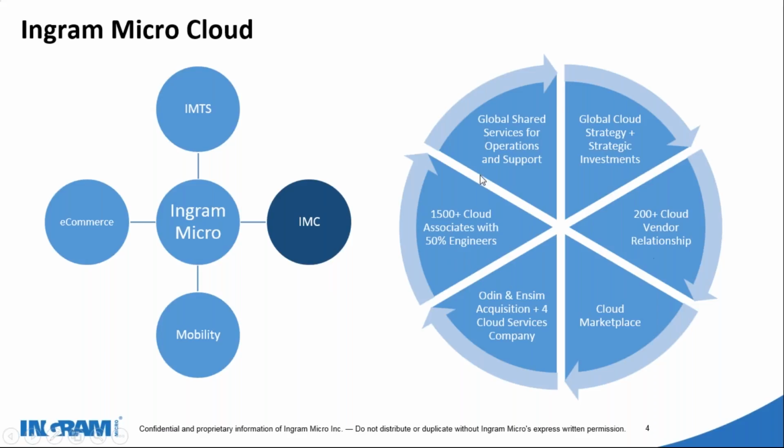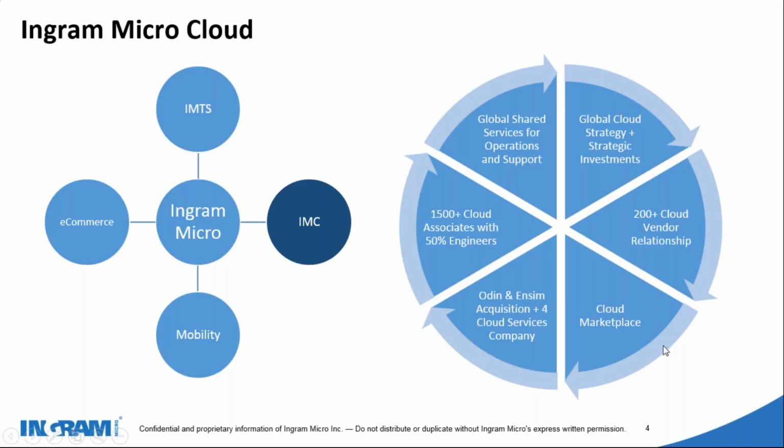Just a quick snapshot about Ingram Micro. We have a global strategy on the cloud. It's not just that we are selling because we want to sell one product of cloud. We are doing this because we have a very strong global focus strategy. We made lots of investment. We have up to 200 cloud vendor relationships like Microsoft and many others, but Microsoft is among the top 2 to 3 vendors for us.